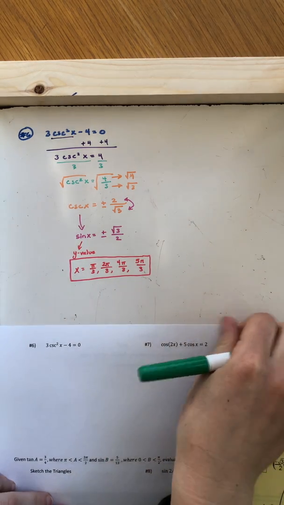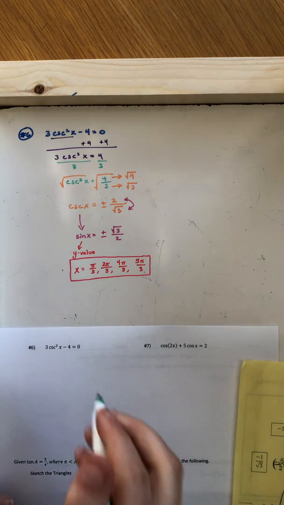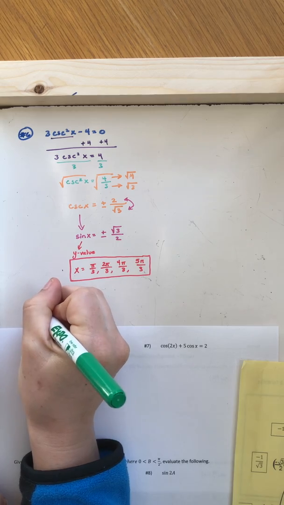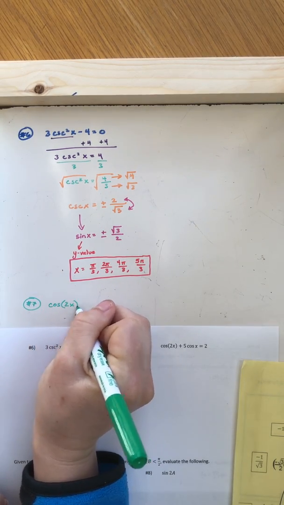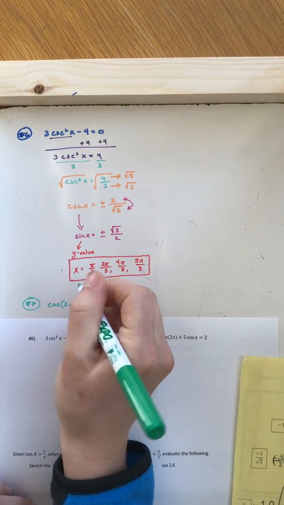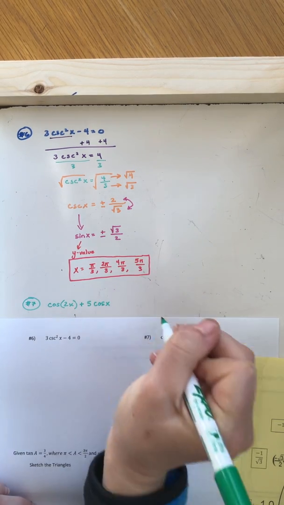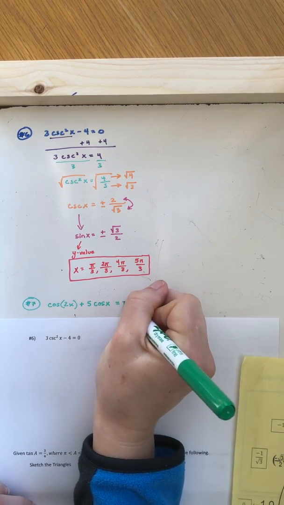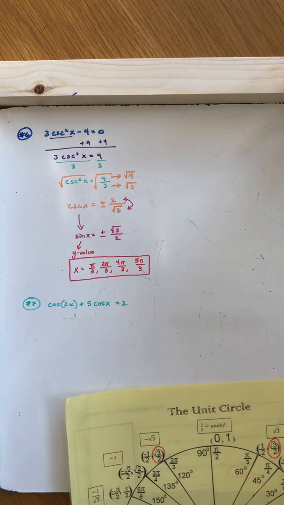For number 7, we're also solving. Now once again, I have a double angle formula.